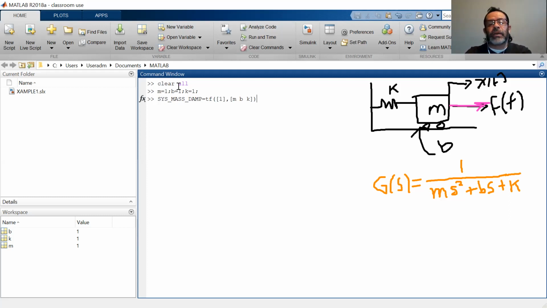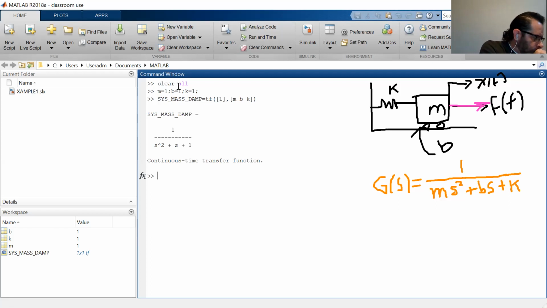So please ring in. And so if we define it like that, and assuming that there aren't any errors, then we've got the system defined there. So we've got 1 divided by s squared plus s plus 1.